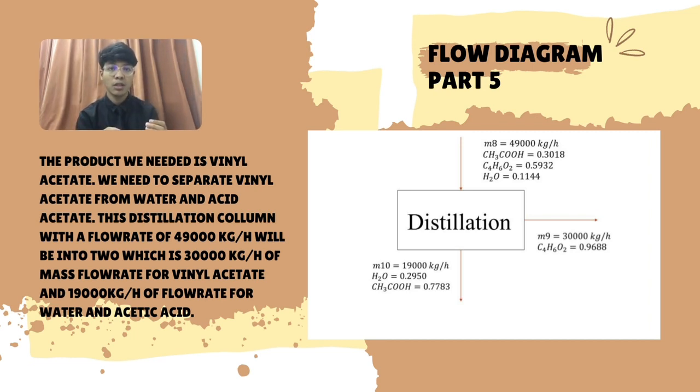In M9, we will have a 30,000 kg per hour flow rate, and the fraction of vinyl acetate is 0.9688.